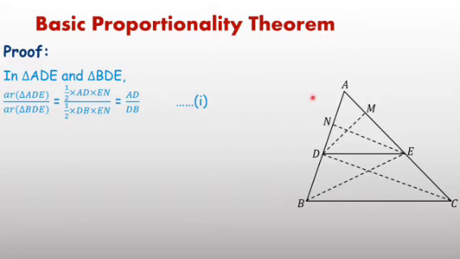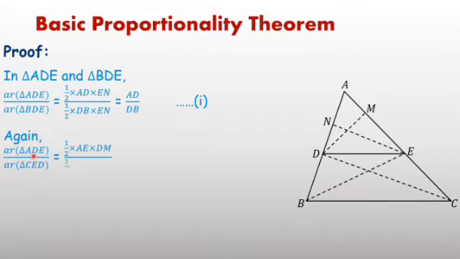Same pattern, just think. Side AC is divided by point E in two parts, AE and EC. Taking AE and EC, you have to write two triangles with common vertex D. One triangle is AED and the second is CED. The next thing to write is the ratio of these two triangles' areas.